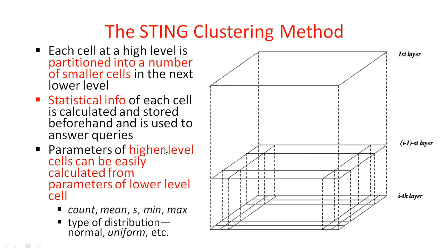The statistical information of each and every cell is calculated and stored, and this information is used for answering certain kinds of queries. The parameters of a higher level cell can be easily calculated from the parameters of the lower level cells.